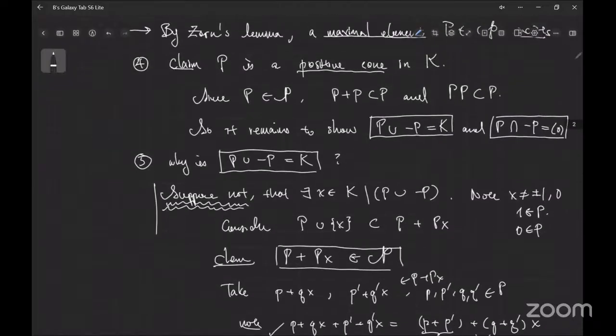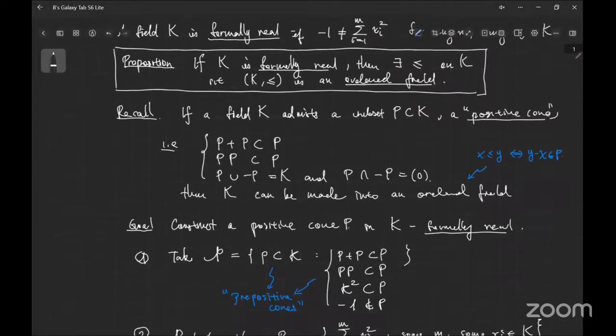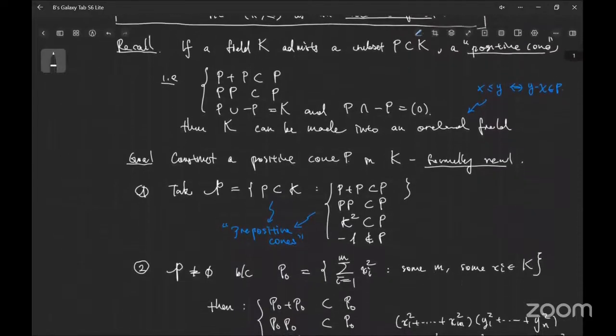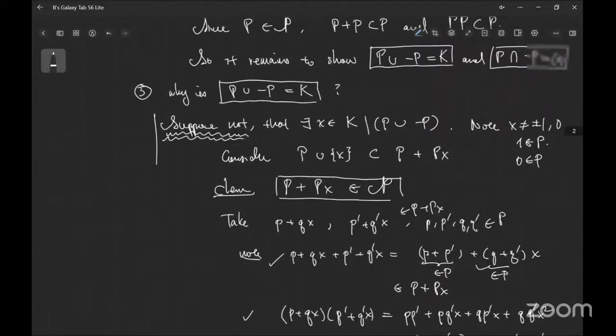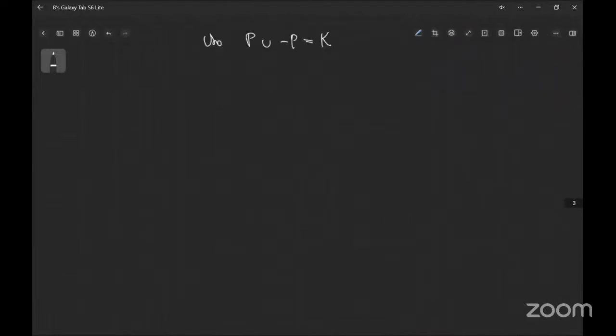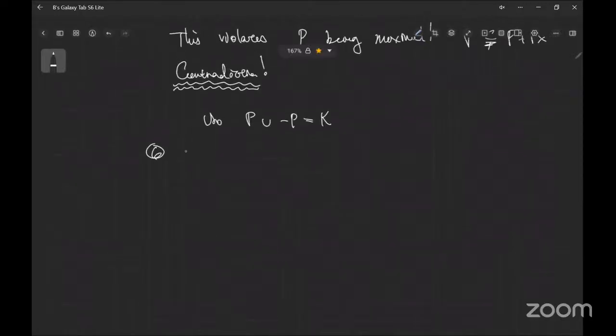And lastly, because of our criterion, we also need to show that the intersection is 0. So this is the last bit I haven't worked out. So it remains to show that P intersect minus P is simply just the number zero.